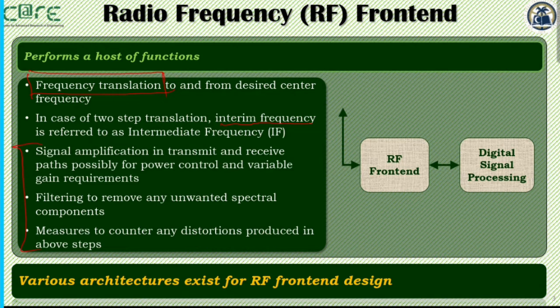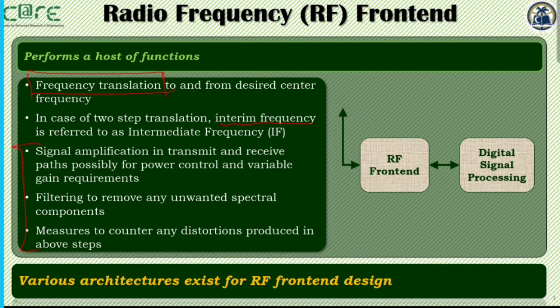And in the receive side, there is a crucial task of variable gain amplification, where the purpose is to amplify the signals strongly, which are very weak, and on the other hand, if the signal received is already strong, it needs to undergo a small amplification.